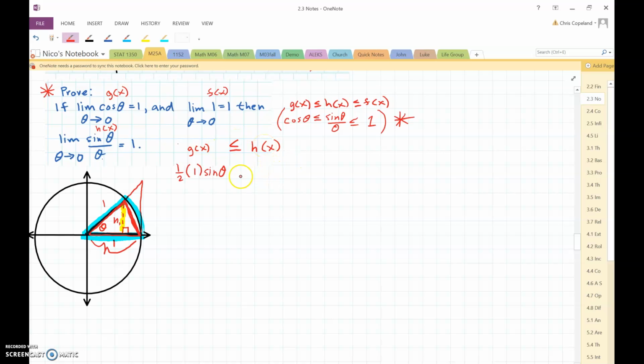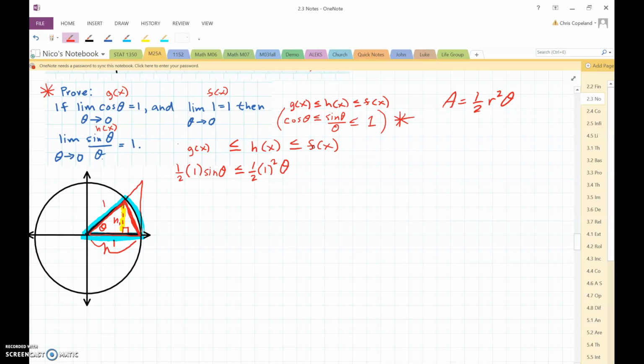The area for a sector, okay, the area for a sector is 1/2 r squared theta. So for this one, it's going to be 1/2 r, the radius is 1, so 1 squared times theta. And that's going to be less than or equal to f of x.